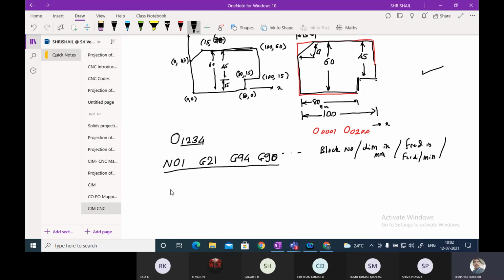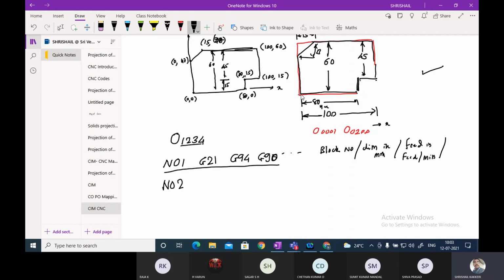The next one, N02, I will be taking. Now you give return to reference point. Once a particular operation is over, the tool has to come back to the reference point or home position.